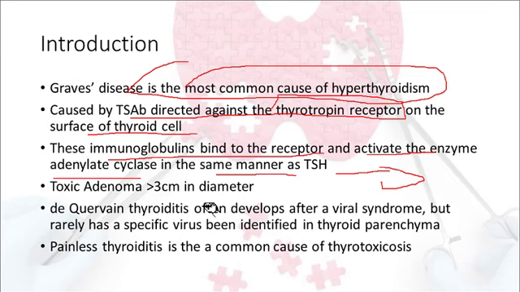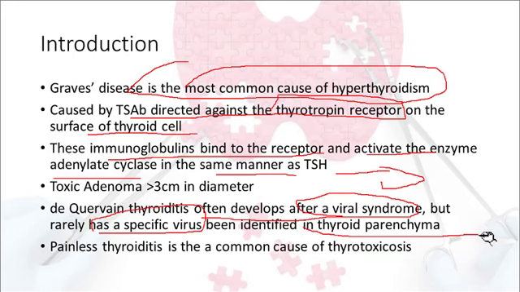De Quervain's thyroiditis often occurs as a result of or after a viral syndrome itself, but is rarely caused by any specific virus that has been identified in the thyroid parenchyma. It's worth noting, however, that a painless thyroiditis is also a common cause of thyrotoxicosis.